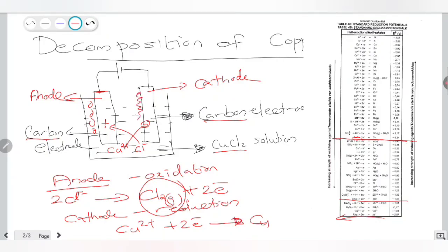This copper is going to deposit, which means there will be a color change for this electrode. Carbon is normally black, copper is brownish. At the end of the reaction you will see the cathode changing color, which means there will be an increase in its mass. So this is what you need to know from decomposition of copper chloride.